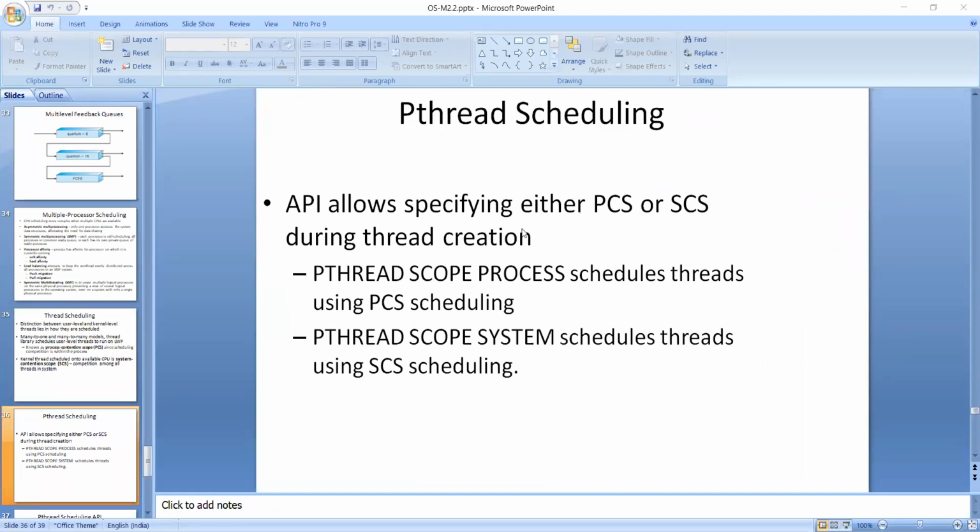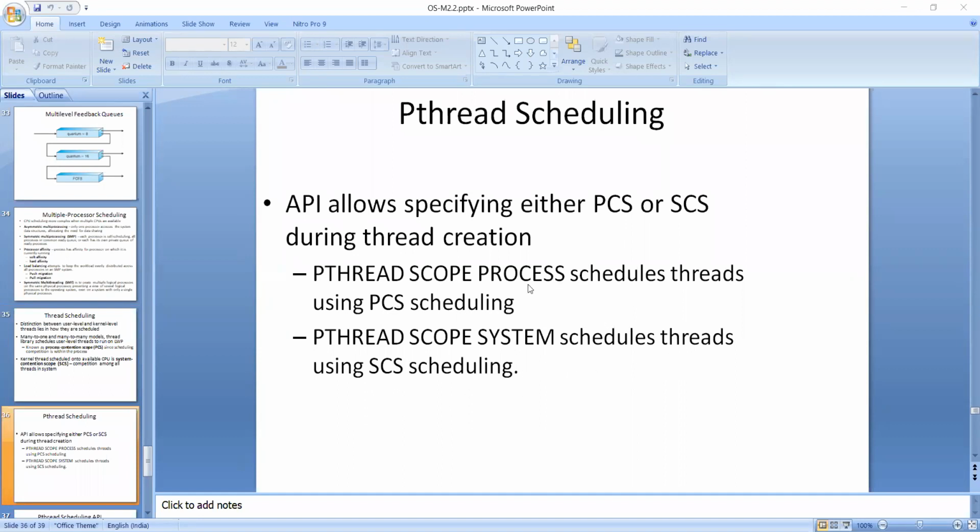The API allows specifying whether it is PCS or SCS during thread creation. PTHREAD_SCOPE_PROCESS schedules the threads using PCS scheduling. PTHREAD_SCOPE_SYSTEM schedules the threads using SCS scheduling.